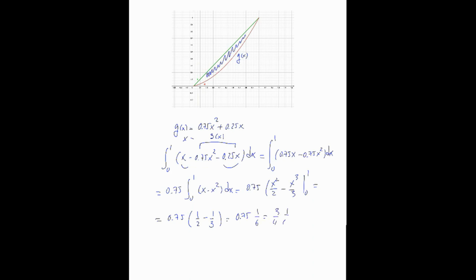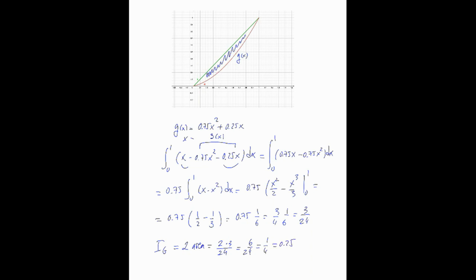So 3/4 times 1/6 is 3/24, and the Gini index will be twice this area, which is 2 times 3/24, the same as 6/24, which is 1/4 or 0.25.